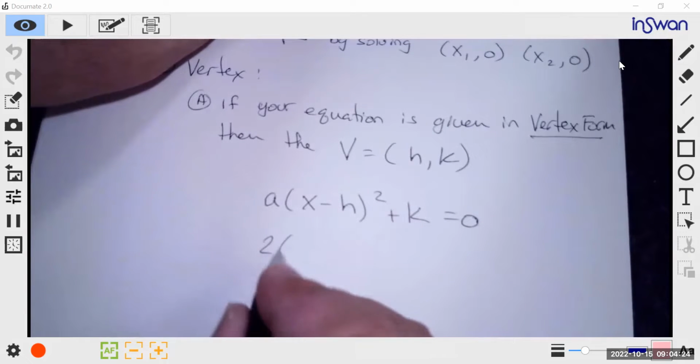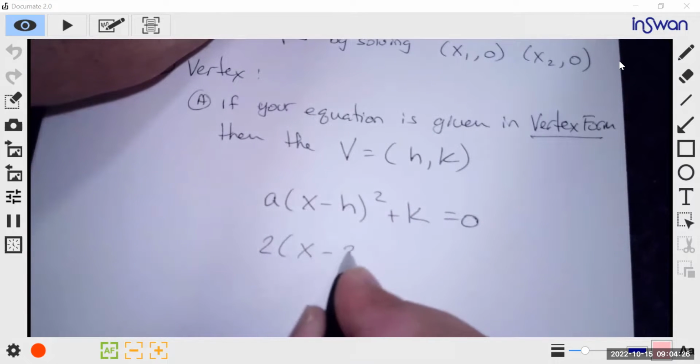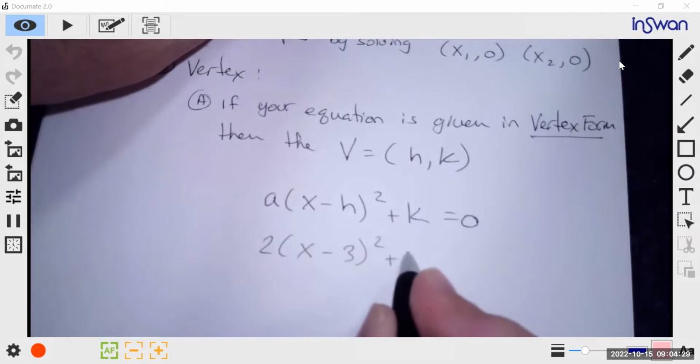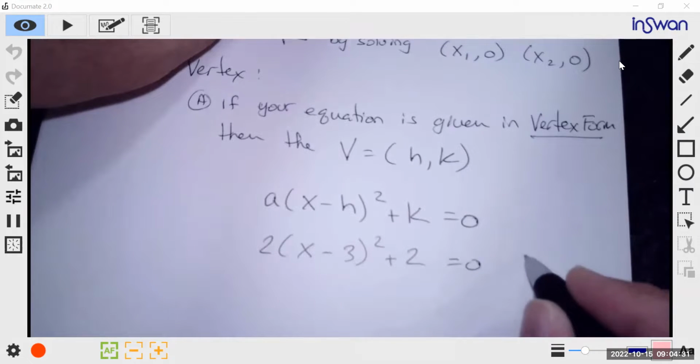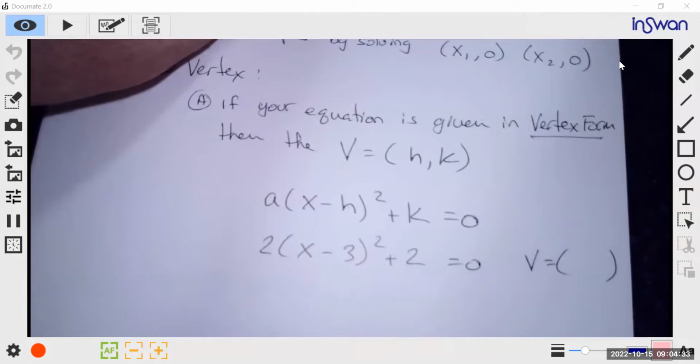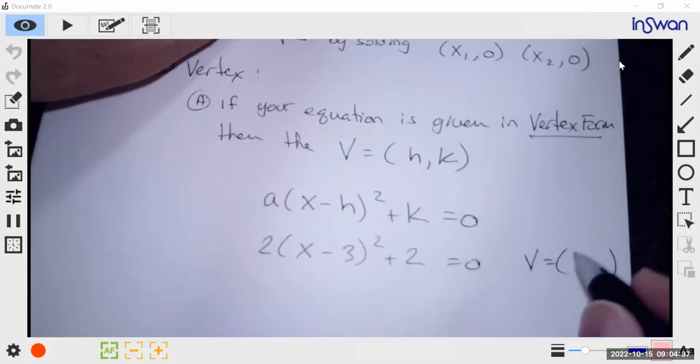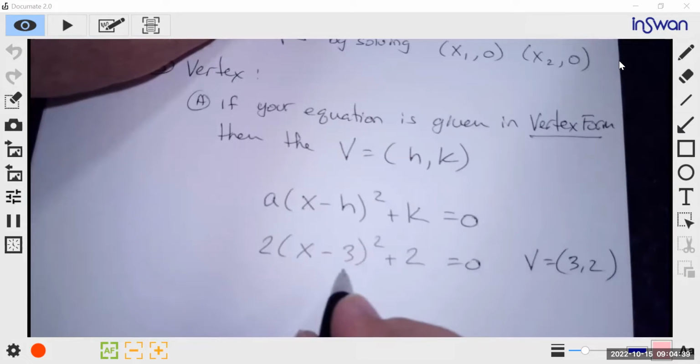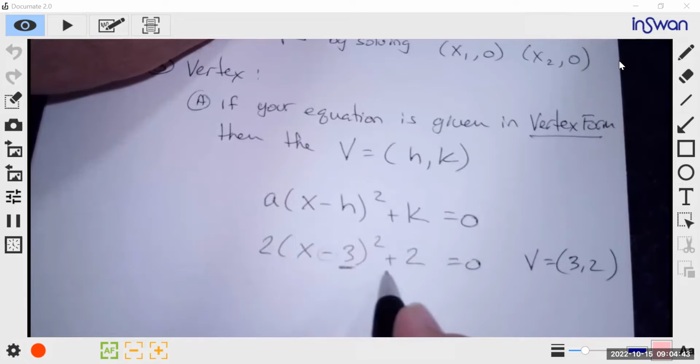So if I had x minus 3 squared plus 2, what would be my vertex? It's whatever's inside here. It's the opposite sign of that and this number.